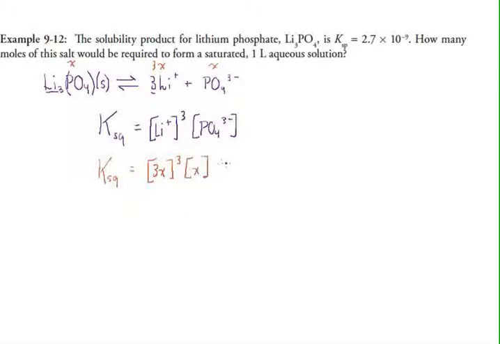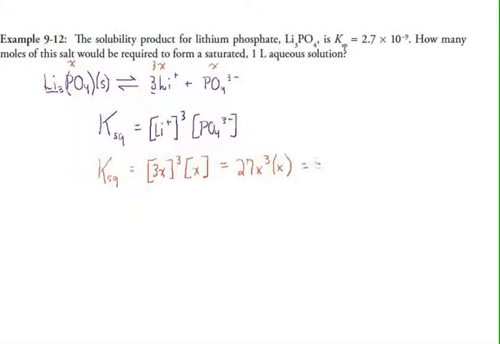Okay, so from here we're going to simplify. The one thing I'd say is watch out, guys. Remember, 3x cubed is not going to be the simplification here. It's going to be 3 cubed times x cubed. So 3 cubed, you might recall, is 27. And then we've got x cubed, and that's all times x.